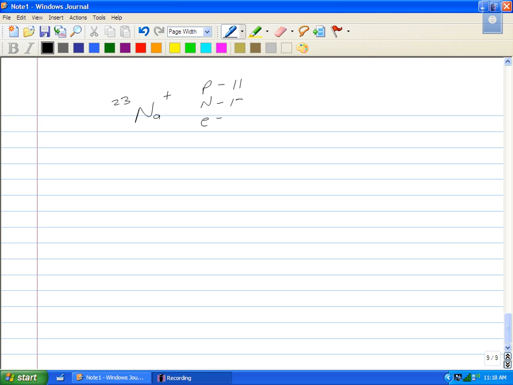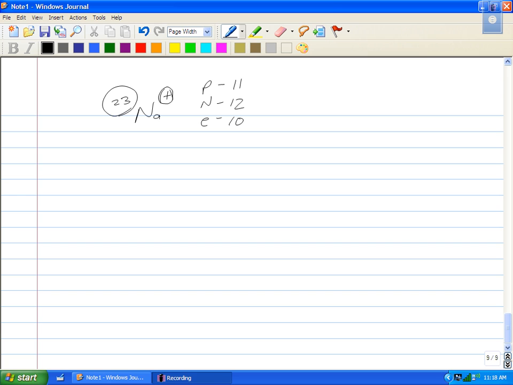Good, so therefore it has to have 12 neutrons because the mass number is 23, so protons plus neutrons is 23, so that means if 11 of them are protons, the remaining 12 have to be neutrons. And then what? 10 again. Then 10 electrons because it's got one more positive thing than it does negative things. It has 11 positive things, so it must have one less negative, so it has 10 electrons.